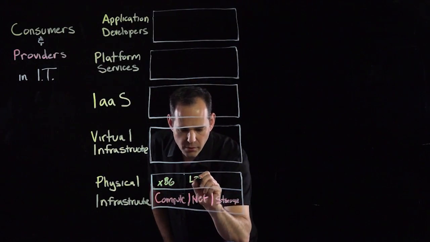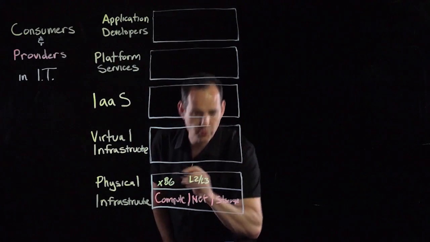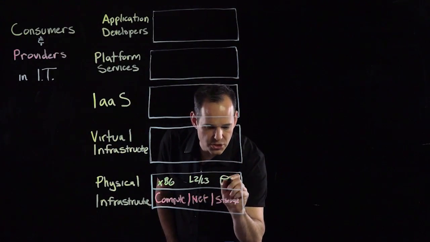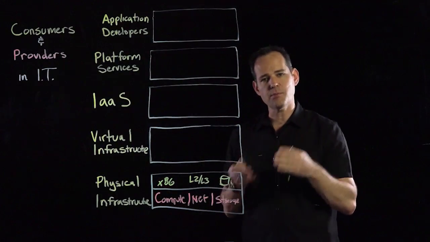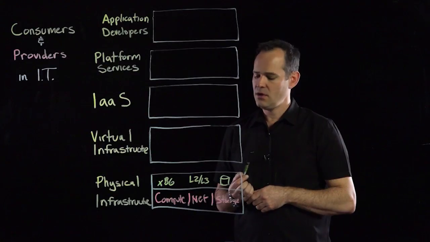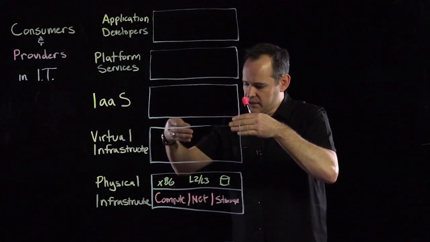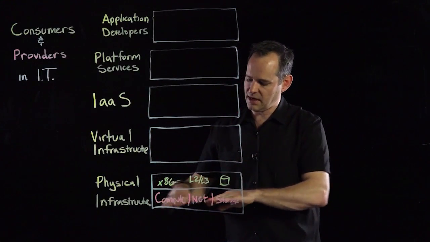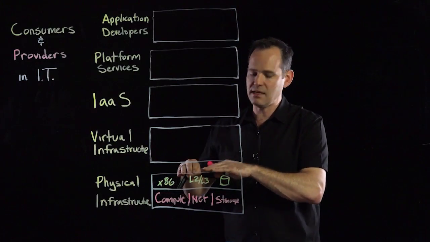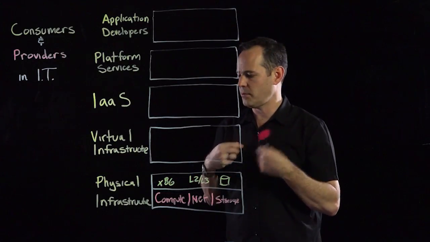Do I have the right layer 2 or layer 3 connectivity? And from a storage aspect, is it shared storage, direct attached? Does it have the performance and latency requirements that I need? So again, the consumer of the technology doesn't care about the stuff in the weeds. They really care about these fundamental building blocks. What's the easy abstracted consumption model for me?